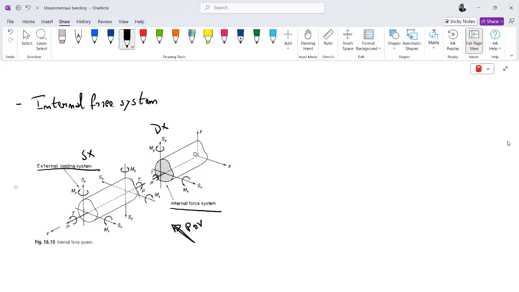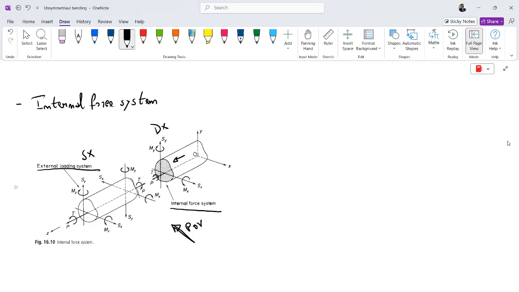This is the power of this choice of the internal force system, because if we take the right side of the beam, the right face, this face here, we can apply the same reference system with the same convention.